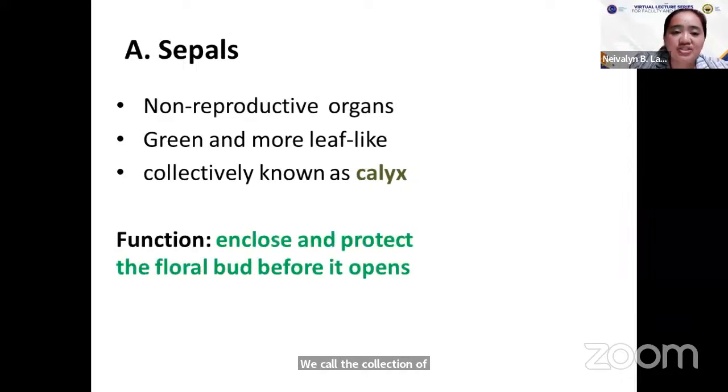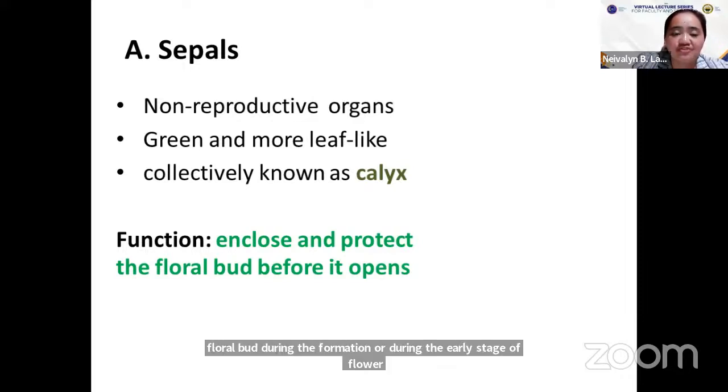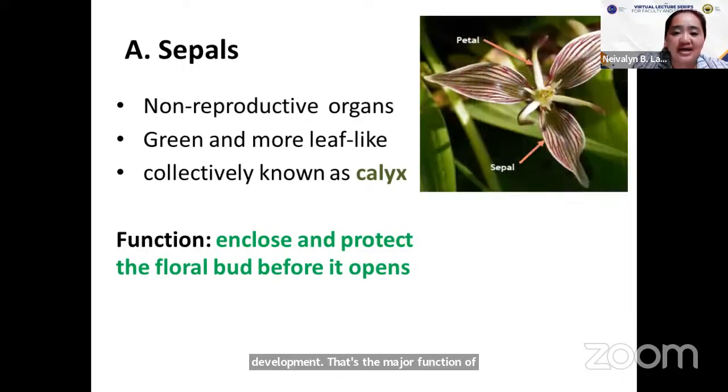The major function of the sepal is protection of the floral bud before it opens, during the early stage of flower development. That's the major function of the sepal, or collectively the calyx.